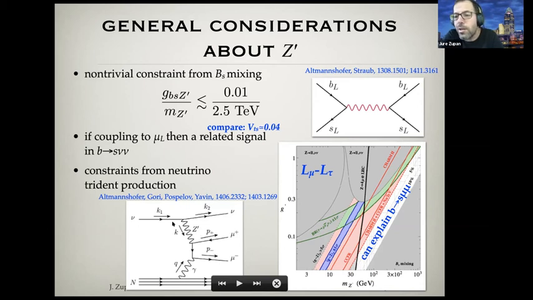Now this has nothing to do with dark matter. Dark matter you can bring in two ways. For instance, if it contributes to g-2, that is more natural because it enters at one loop.